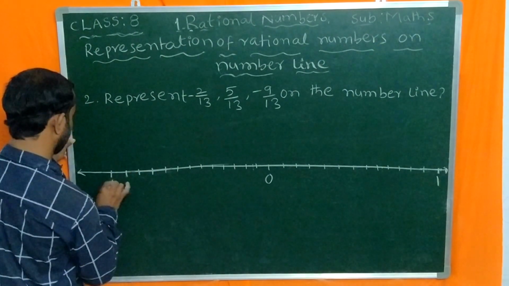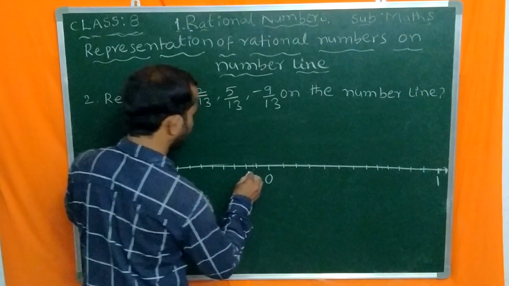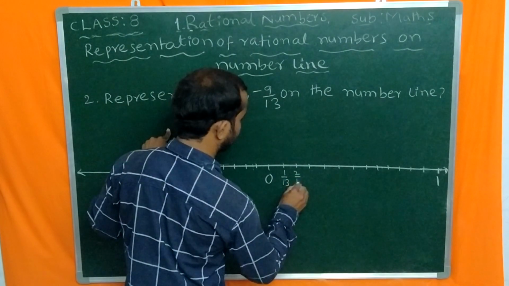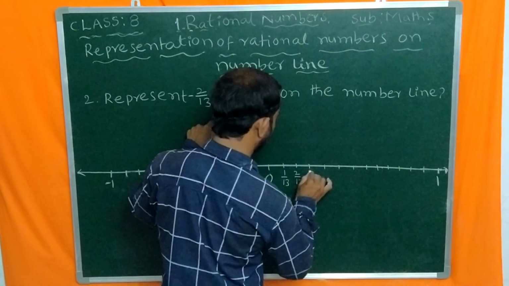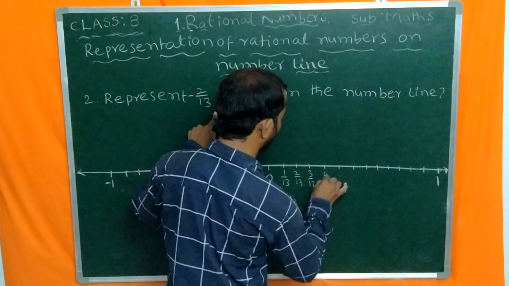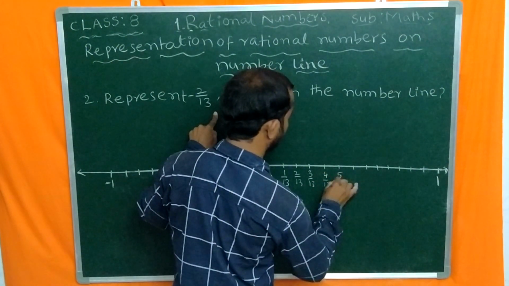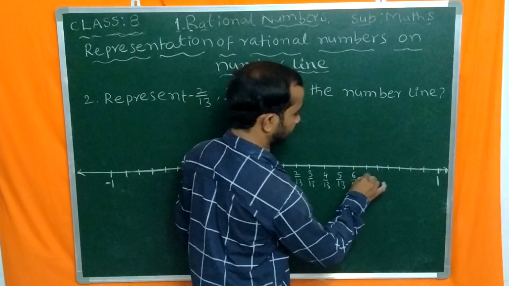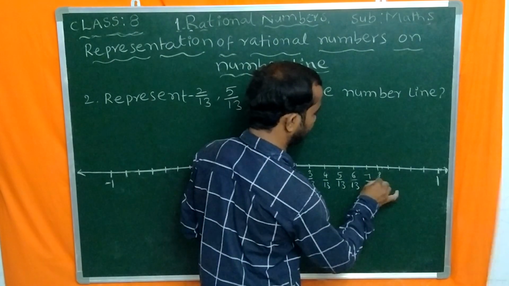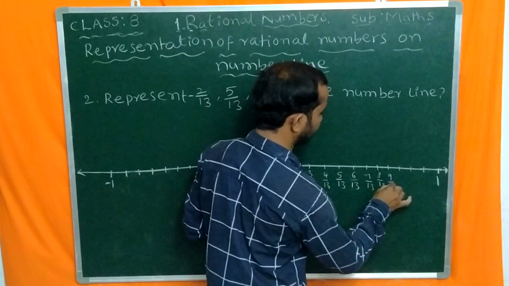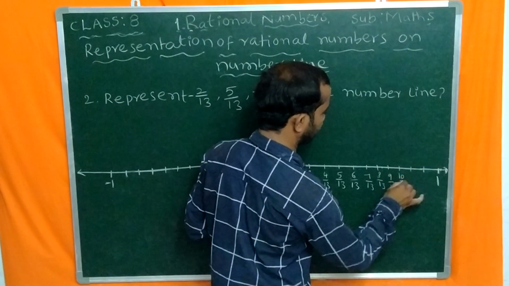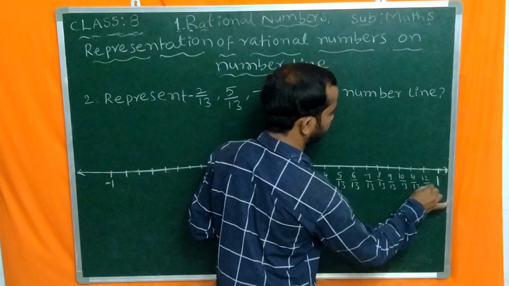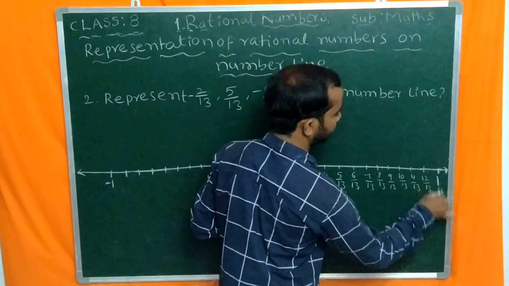This is minus 1. So the first part 1 by 13, 2 by 13, 3 by 13, 4 by 13, 5 by 13, 6 by 13, 7 by 13, 8 by 13, 9 by 13, 10 by 13, 11 by 13, 12 by 13, 13 by 13 means 1.